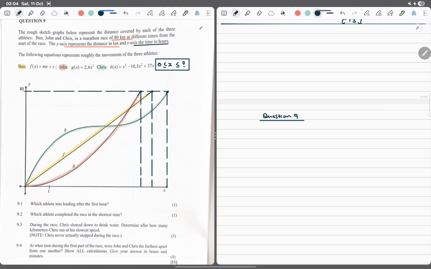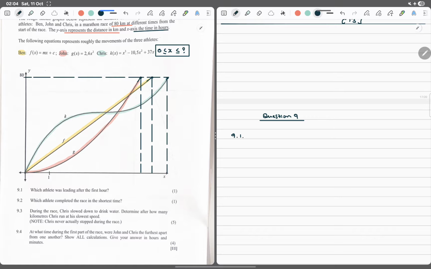Anyway, let's move on, guys. 9.1 says, which athlete was leading after the first hour? Of course, it's the one that's ahead in terms of distance.